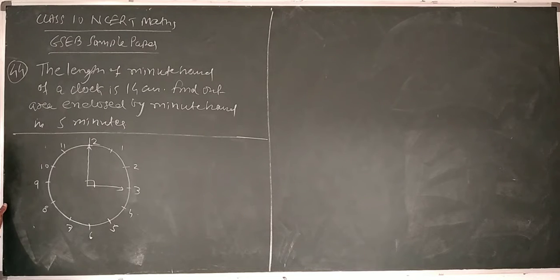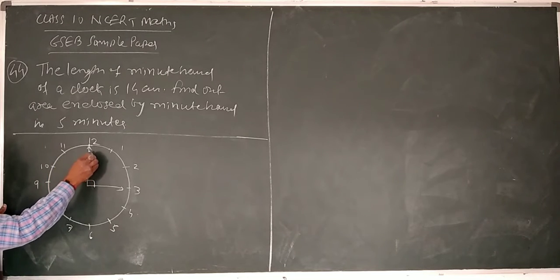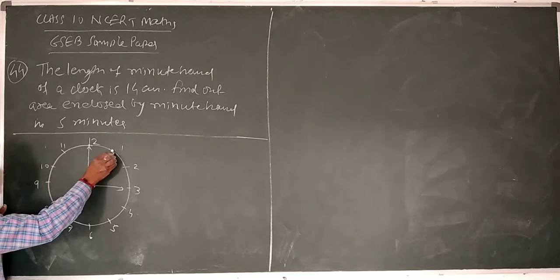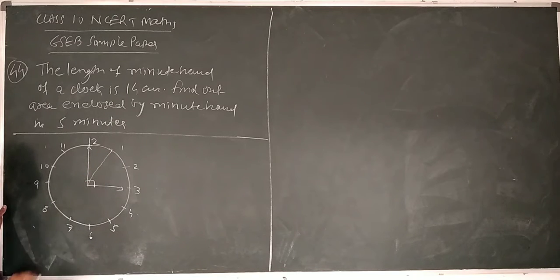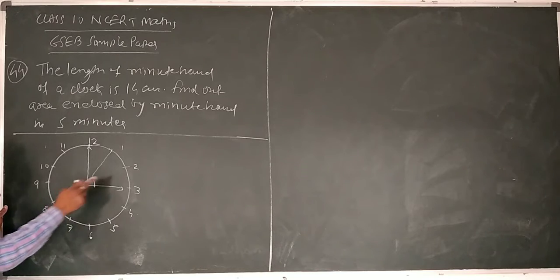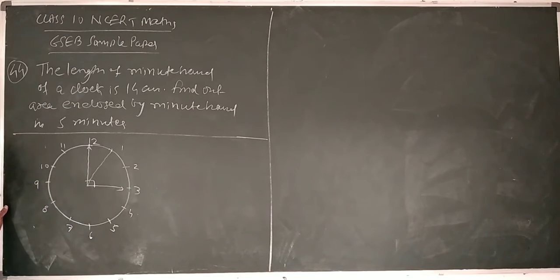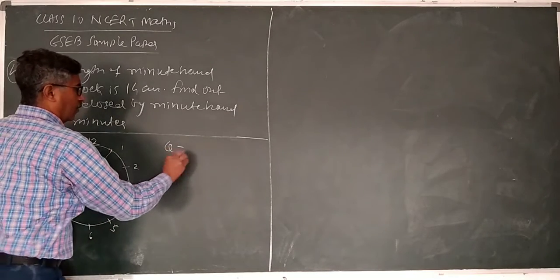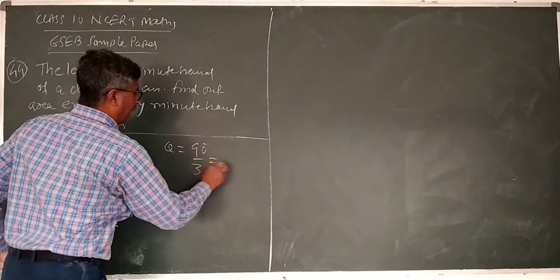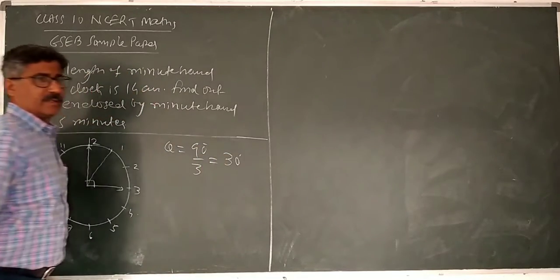So if the minute hand moves 5 minutes, then it goes from 12 to 1. So it covers 90 degrees divided by 3. So here theta is equal to 90 degrees upon 3, which is 30 degrees.